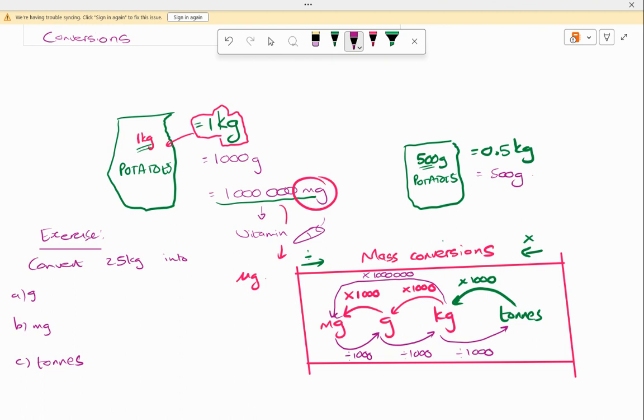Okay, so I got 25 kilograms. I want to convert it into grams, milligrams, and tons. So 25 kilograms will go where? It'll go here. So this is 25 kilograms.